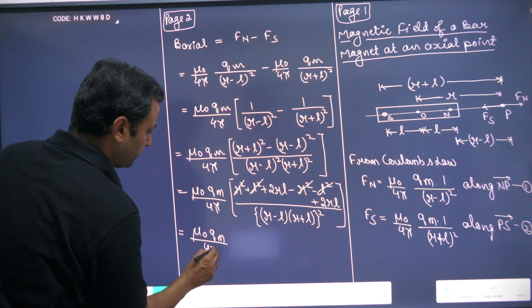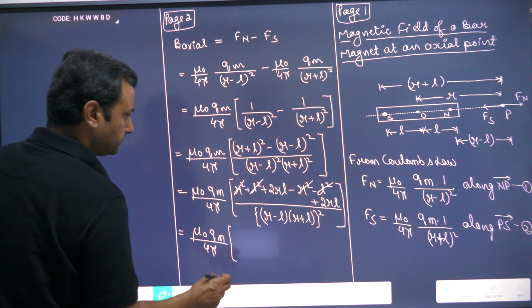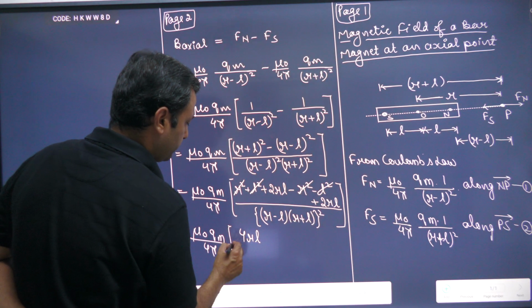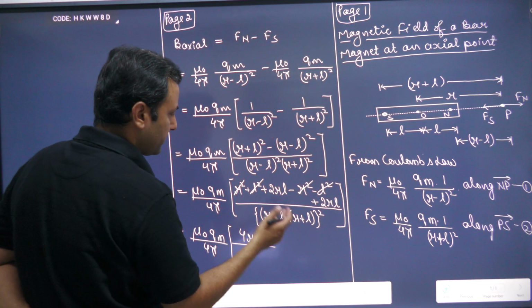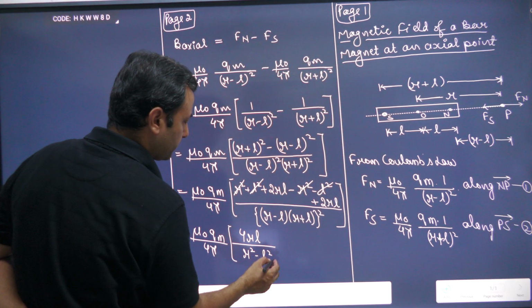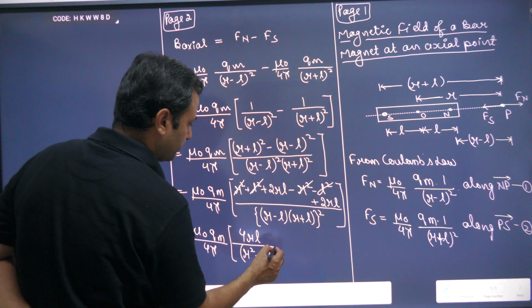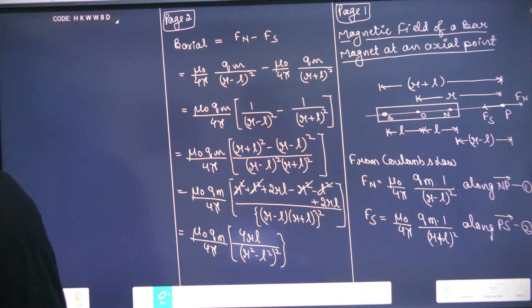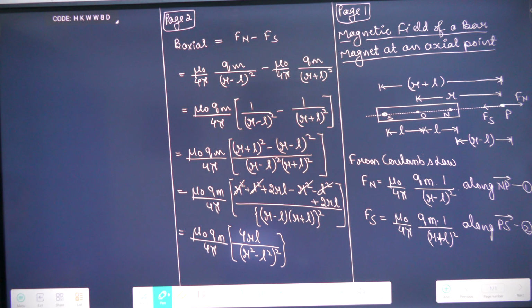Mu naught Qm upon 4 pi, 2RL plus 2RL is 4RL, upon R minus L into R plus L is R square minus L square, whole square. Is this clear to you till now? Tell me.